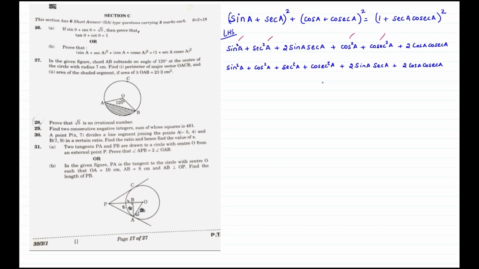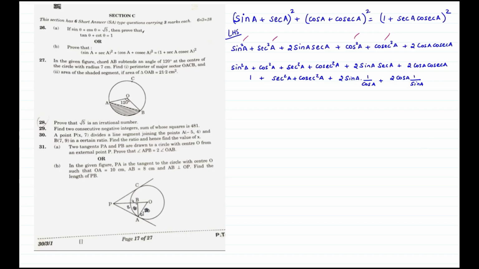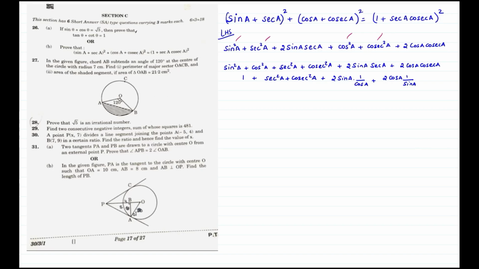Therefore this one will be 1 + sec² A + cosec² A + 2 sin A into 1 by cos A + 2 cos A into 1 by sin A. Sec A I can write as 1 by cos A, and cosec A I can write as 1 by sin A, and sin² A + cos² A I made it as 1.